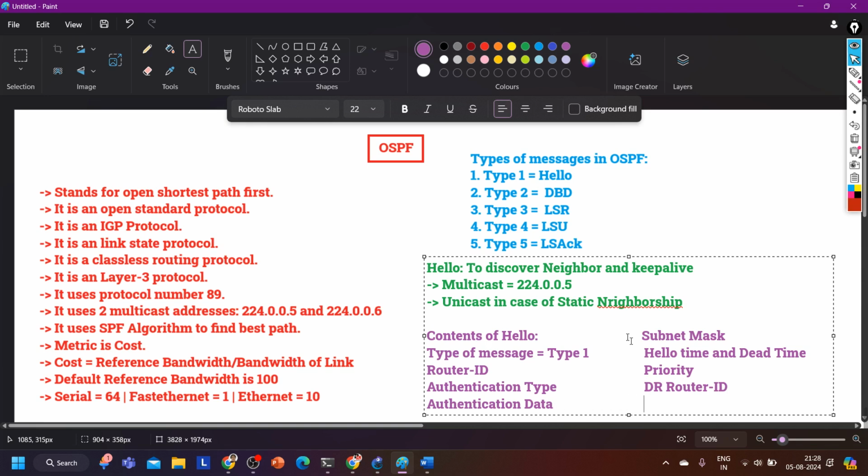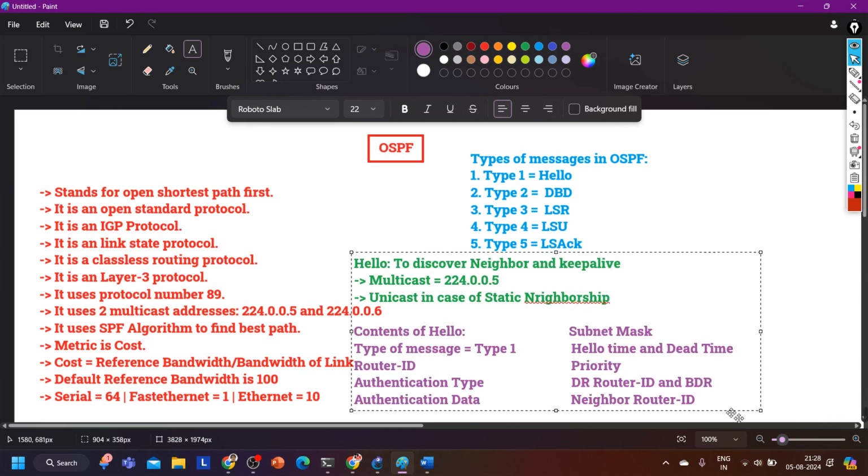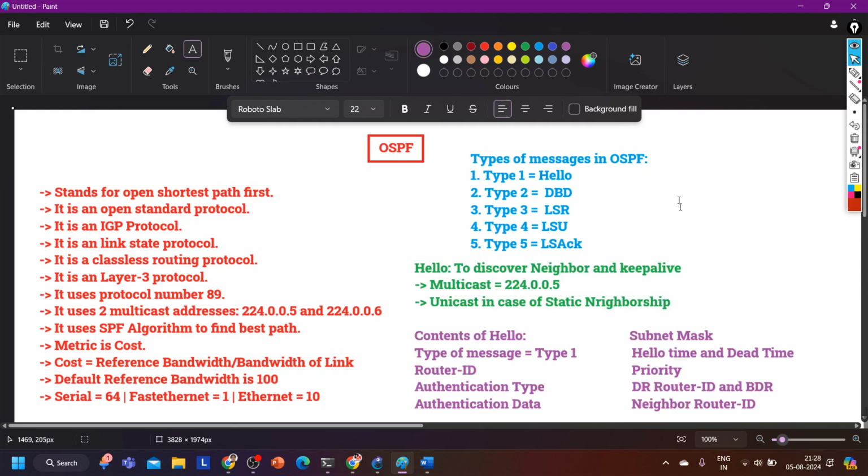Then next information can be DR and BDR, designated router and backup designated router. Then most important information, that is neighbor router ID. So OSPF hello message is going to carry all this information. Clear?